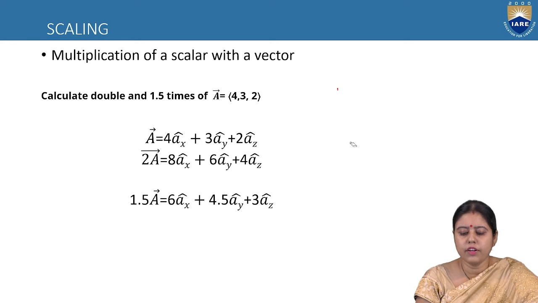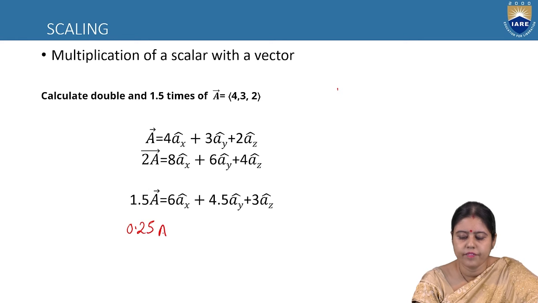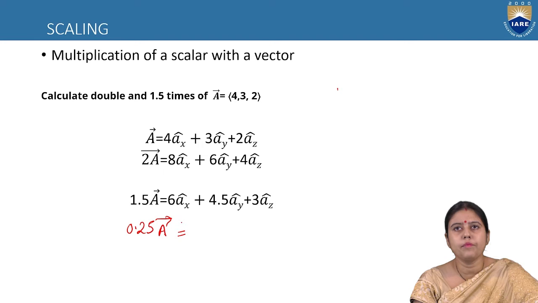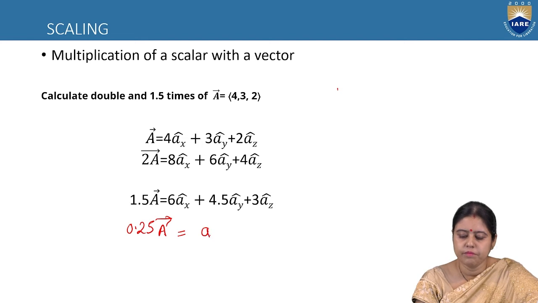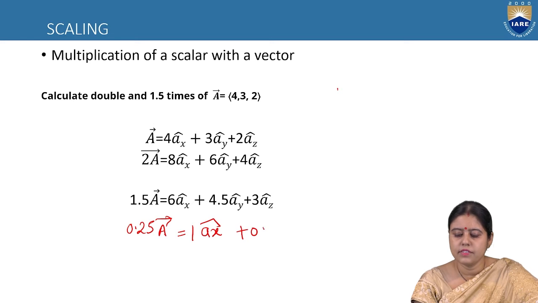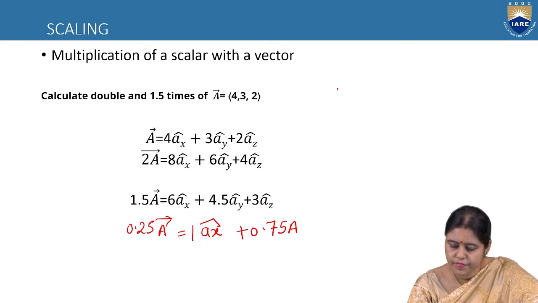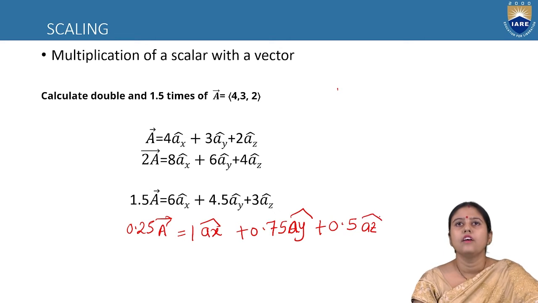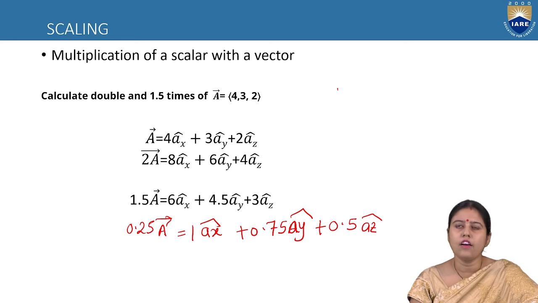If we want to calculate 0.25 of a, 4 multiplied with 0.25 means 1, plus 0.75 ay plus 0.5 az. So this is the scaling of the vector.